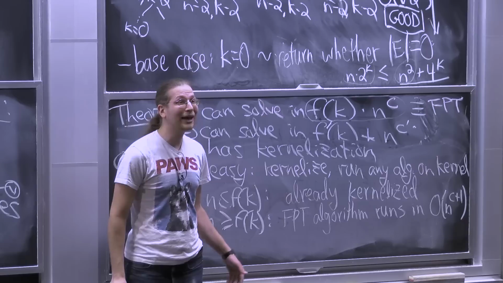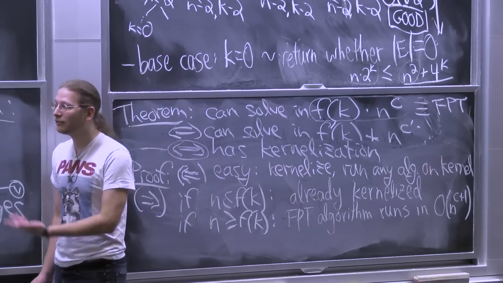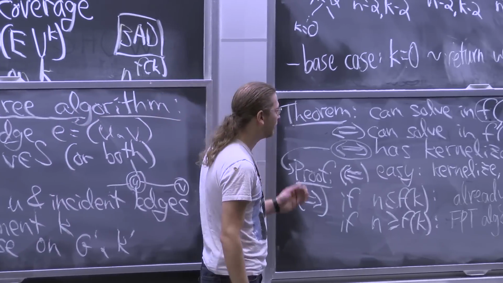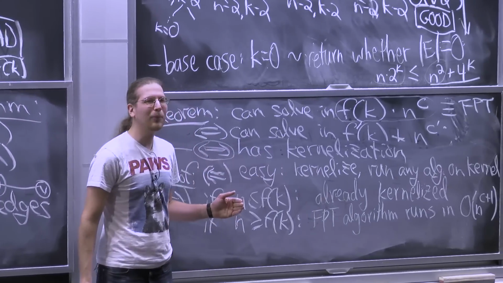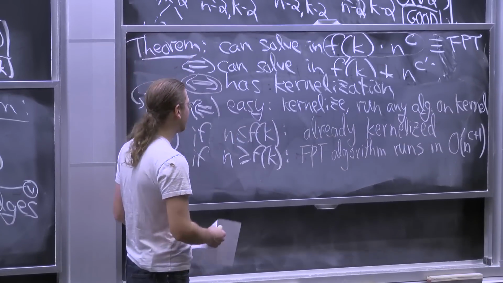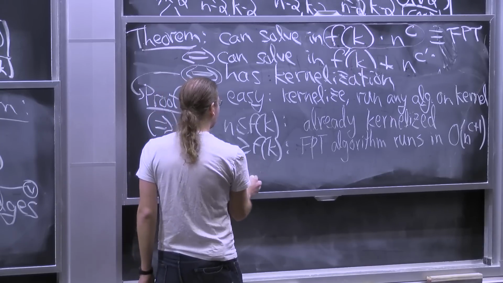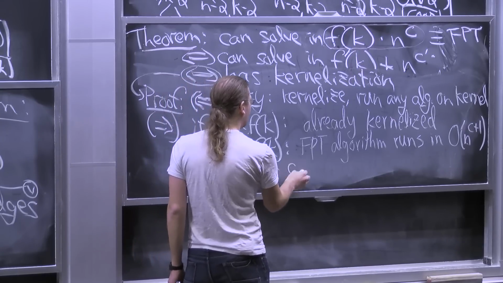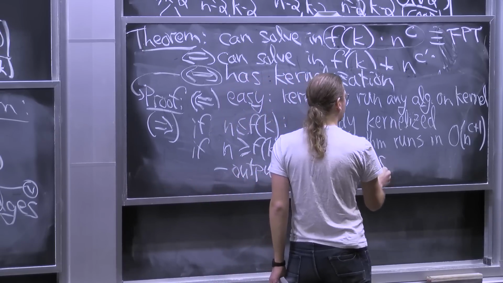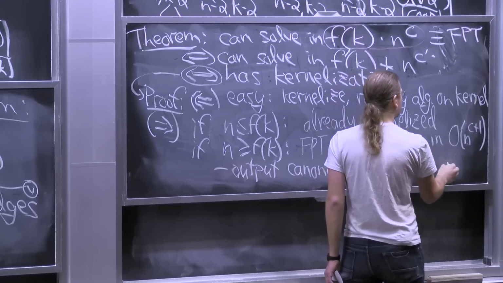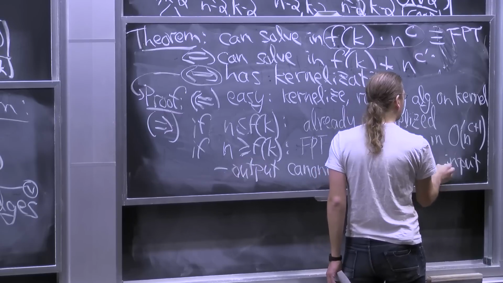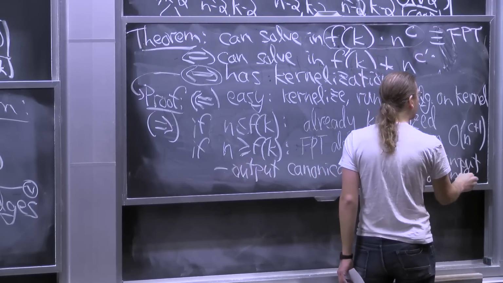Now, the FPT algorithm actually solves the problem. Let's say it says yes or no to my original question. The kernelization procedure has to output an input to the problem. So what I need to add is one thing here, which is just to output a canonical yes or no input accordingly. I'm thinking about decision problems.